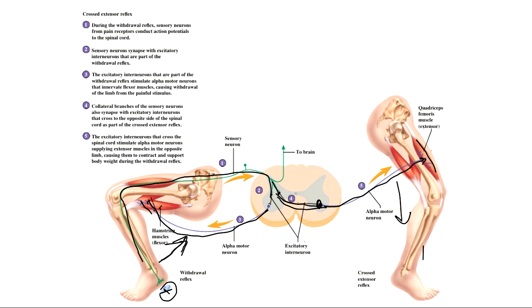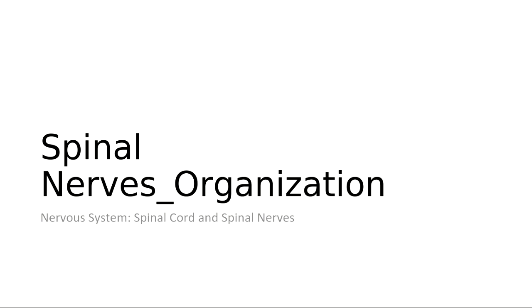So you have several connections here. Then the sensory neuron also goes up and informs the brain of what's going on. And that always happens. The brain is always informed of what's happening, and so it's aware of the reflex. And the brain could stop the reflex if it wanted to, actually. All right, so that's the polysynaptic reflex. So know the difference between a monosynaptic and a polysynaptic reflex.